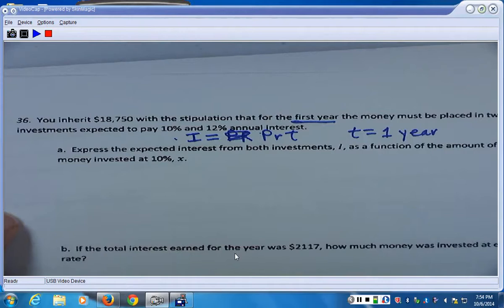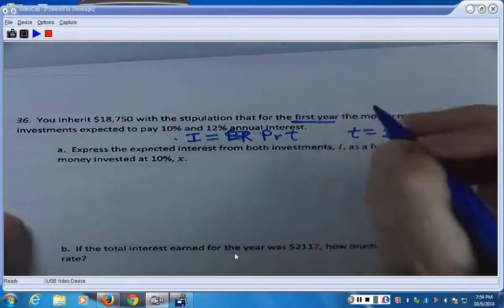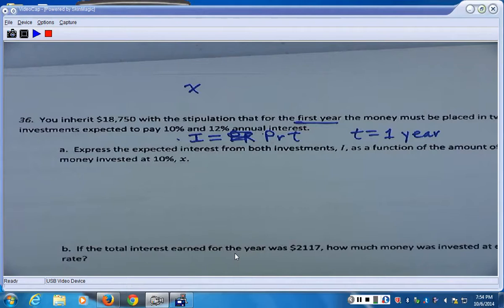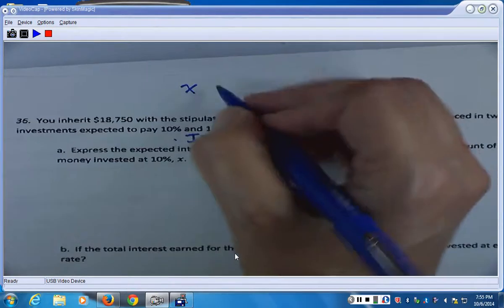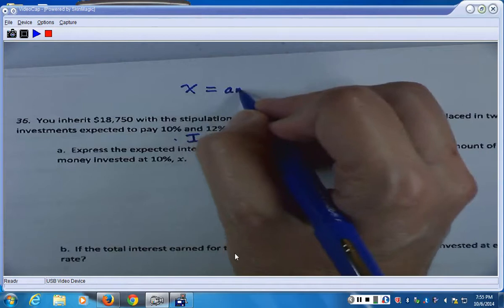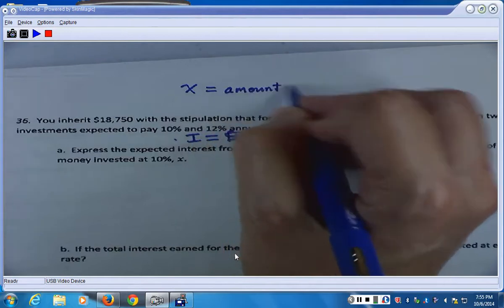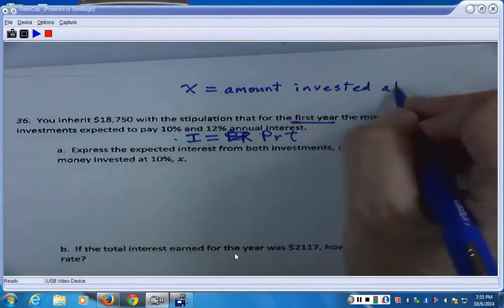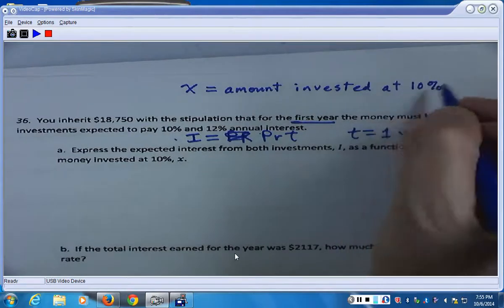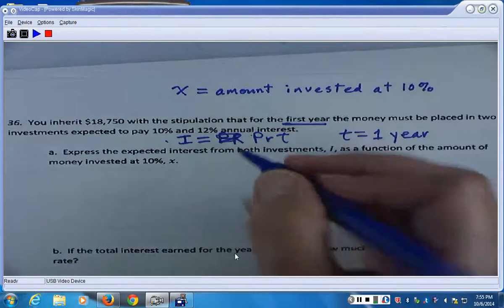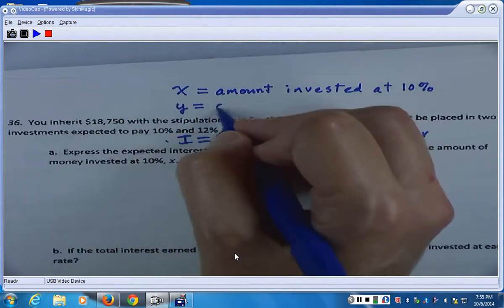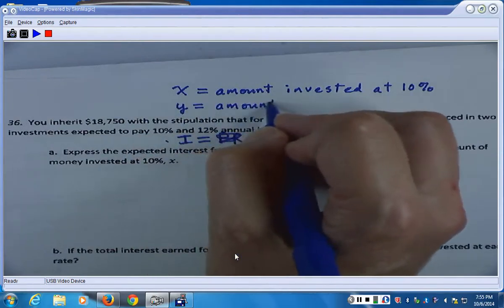All right, well, if x, you want to define what you're doing. x is the amount invested at 10%. And y is the amount invested at 12%.